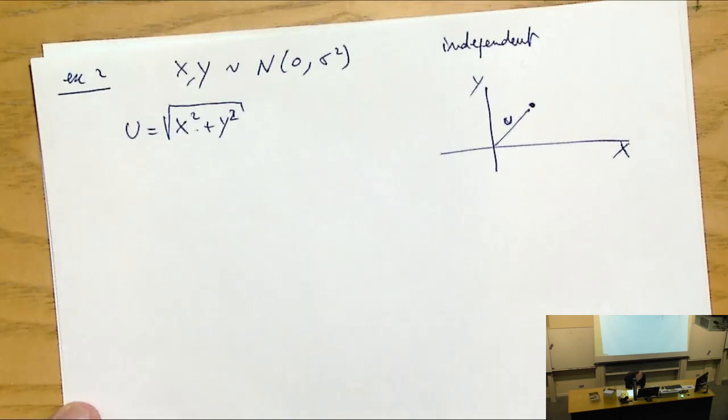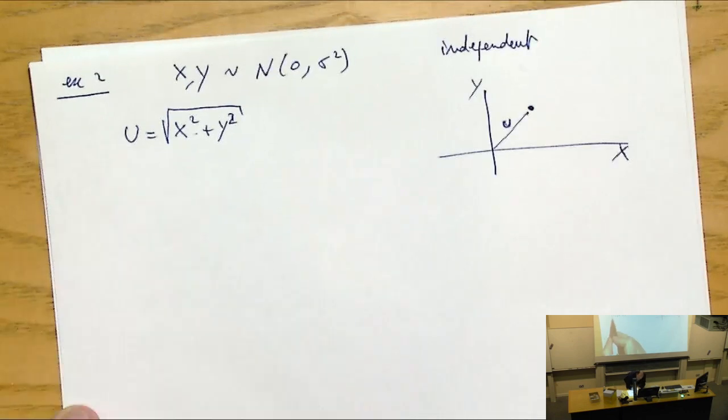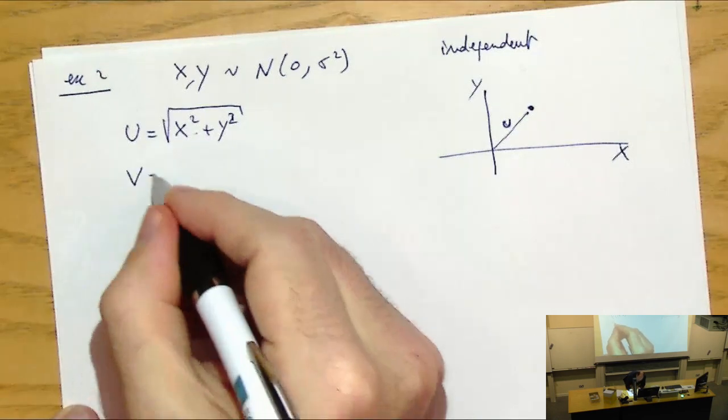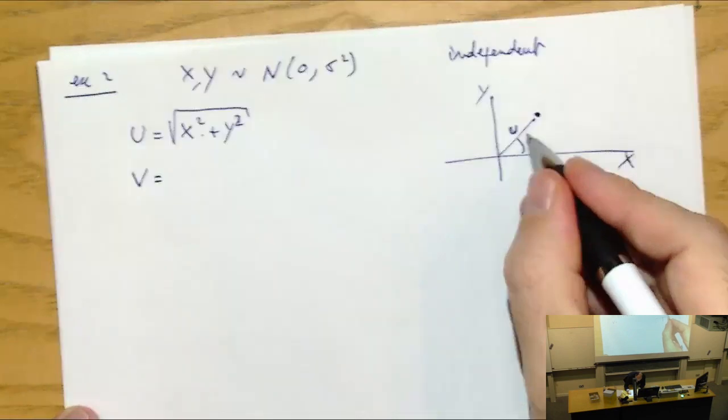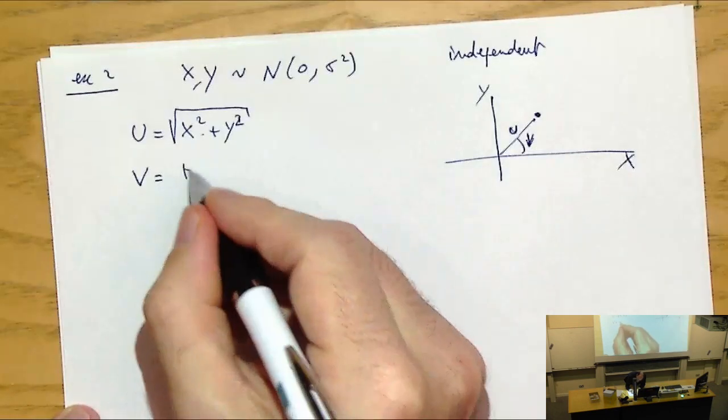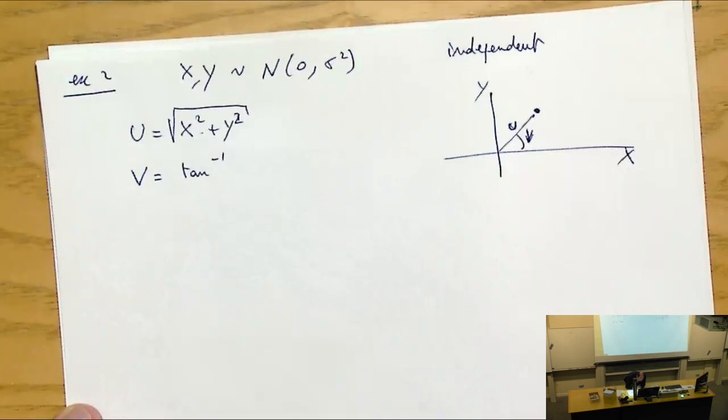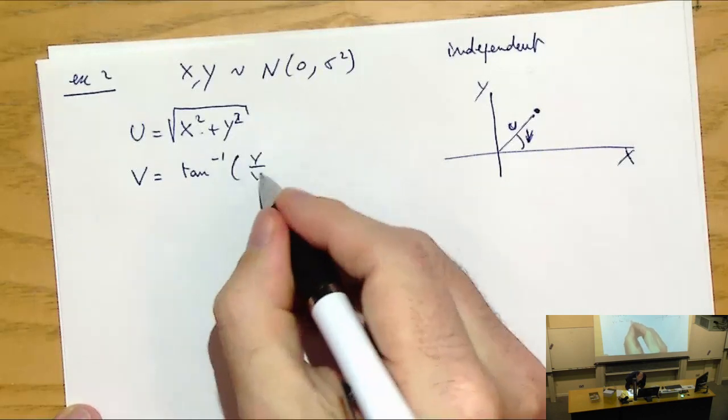And so if I'm interested in finding the PDF of u, what I can do is introduce another random variable, v, which is this angle here, which I call inverse tan of y over x, right?